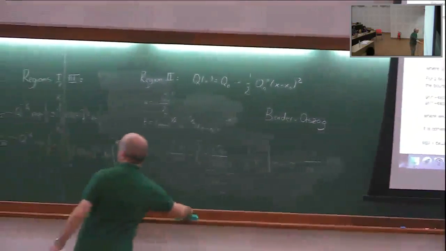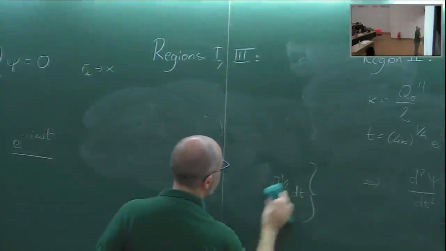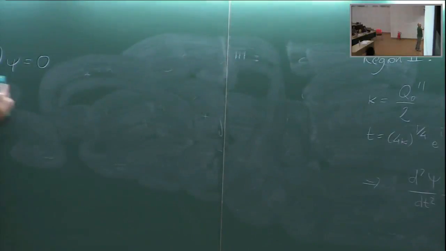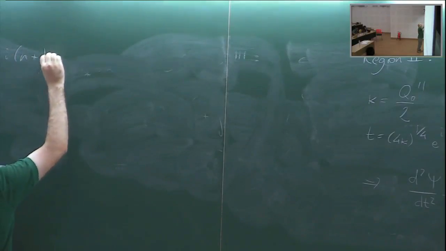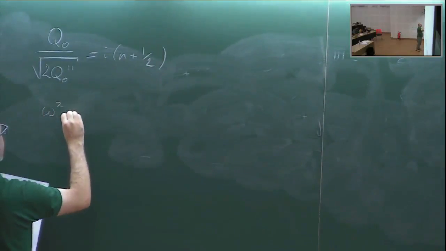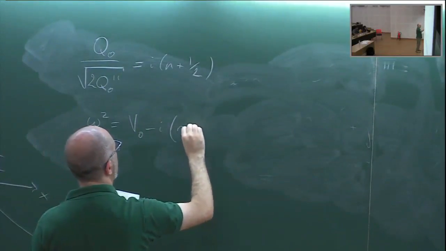I'll make some more space over here. It tells you that Q0 over square root of 2 Q0 double prime is equal to i (n plus 1/2). Or that omega squared is equal to V0 minus i (n plus 1/2) times the square root of the curvature term, right?